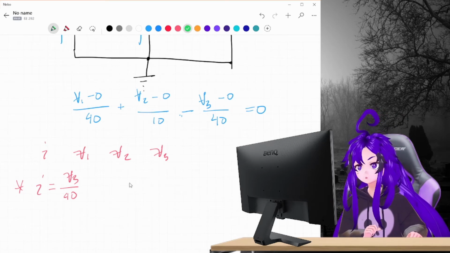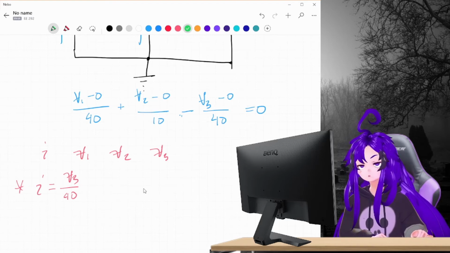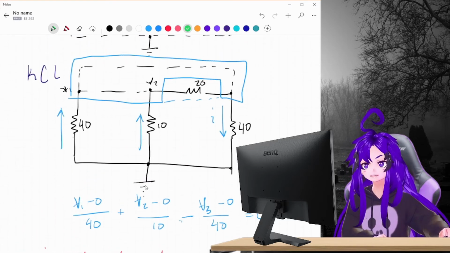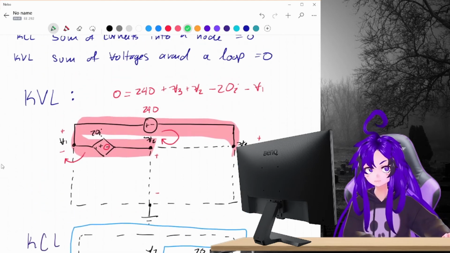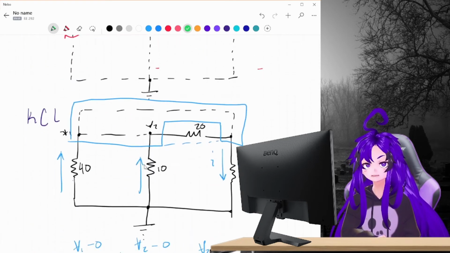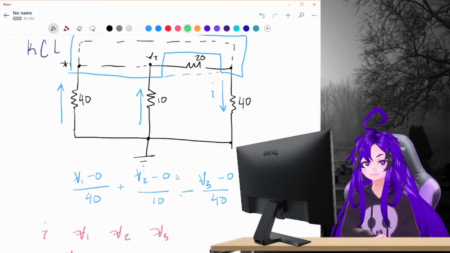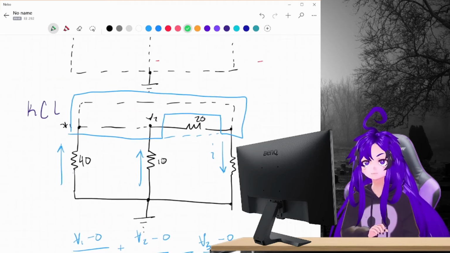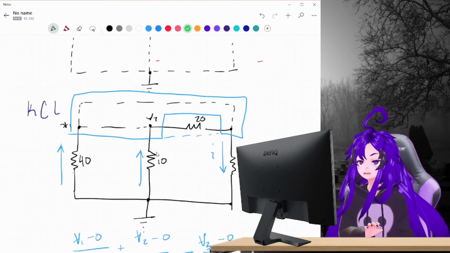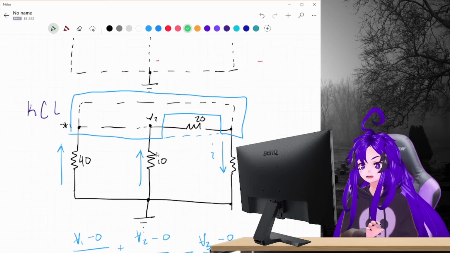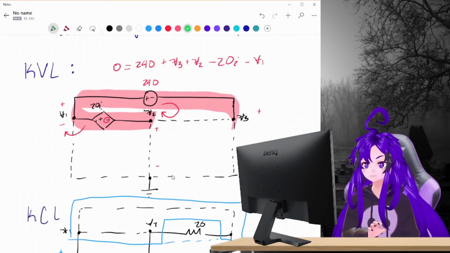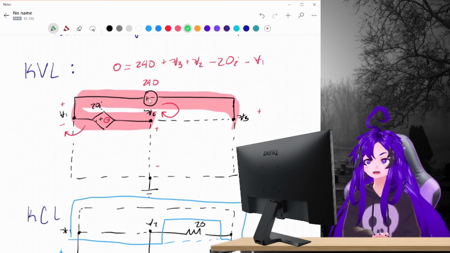Next thing we're gonna do is try and relate V1, V2, and V3. And we can't do that all at once. But what we can do is start by pretending there's 2 supernodes here, okay? So there's 2 voltage sources.